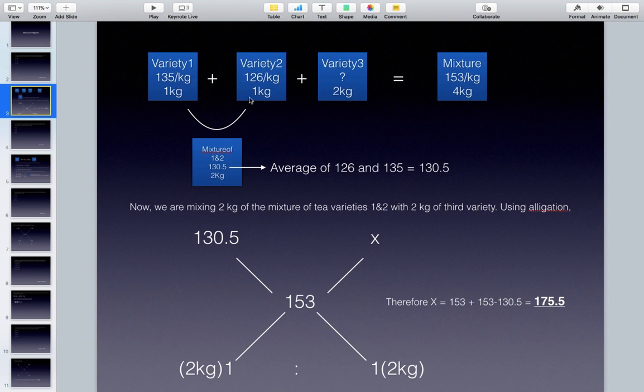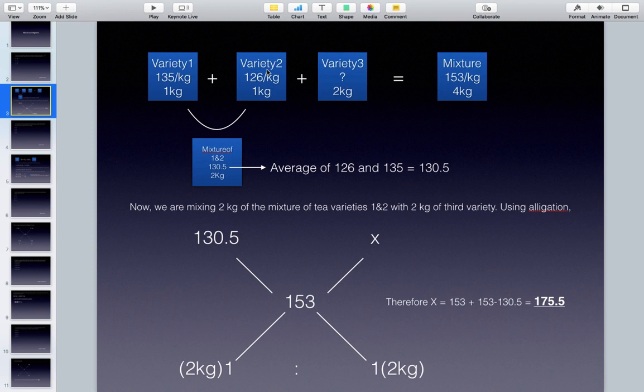First, we will find the cost of the mixture of variety 1 and variety 2, which, because we are taking 1 kg of both, is obviously the average of 135 and 126. How do you usually find the average? You add these numbers, then take the half. But I have a better way of doing it.